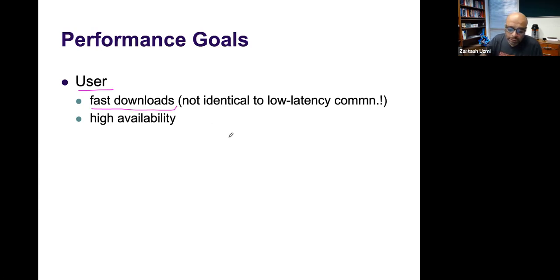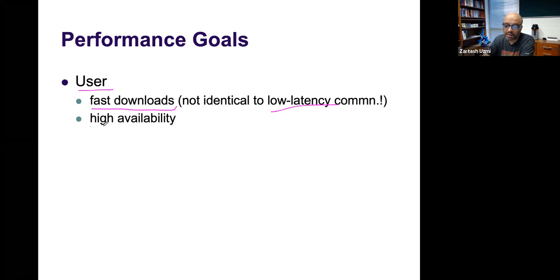Fast download means that I should be able to get the content as soon as possible. By the way, this does not mean low latency, because if a server is too far from you, there is a certain period of time that the packet will take from the server to you. What you are interested in is fast download, that if you request a file, that file is available to you as soon as possible.